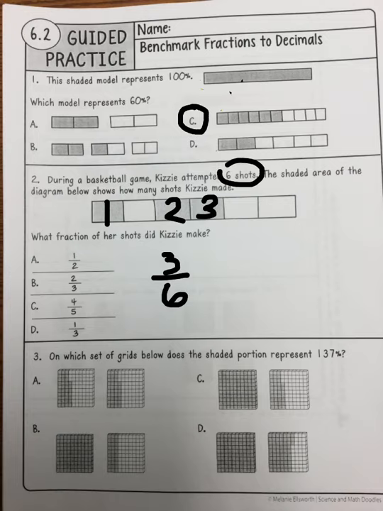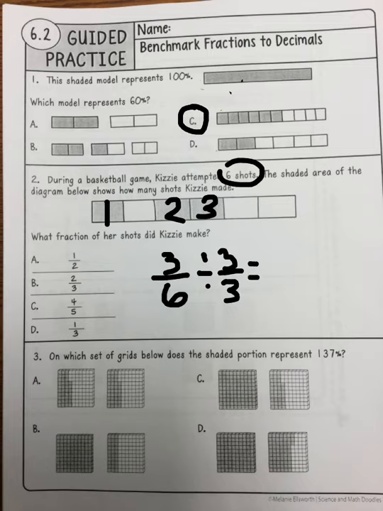So while I'm looking at that, what I'm trying to figure out is the fraction 3/6 has to be equal to something. Okay, so I'm going to start with A and look at A. Is 3/6 equal to 1/2? Well, I know that 3 and 6 are both divisible by 3, so I'm going to divide them by 3 over 3, and then we're just going to see how that works.